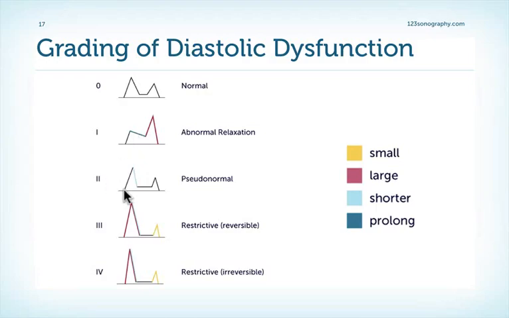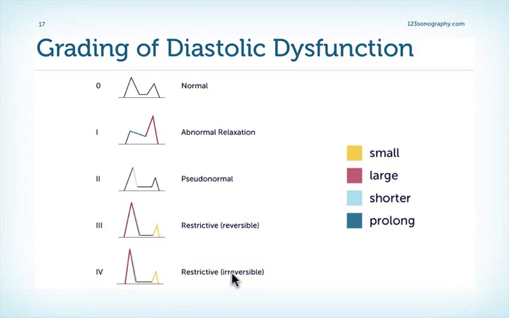Grade 2 would then be pseudo-normal, a pattern which is similar to the normal pattern. However, we have shortening of the deceleration time. Then we have the restrictive filling pattern, where we now have an E wave which is twice the size than the A wave. And then we have grade 4, which is also a restrictive filling pattern, with the only exception that we cannot reverse this type of pattern back to a pseudo-normal pattern.